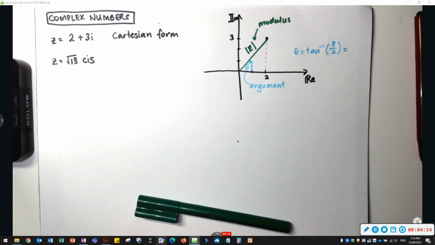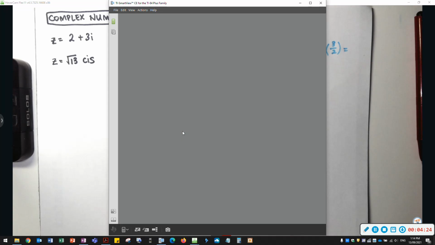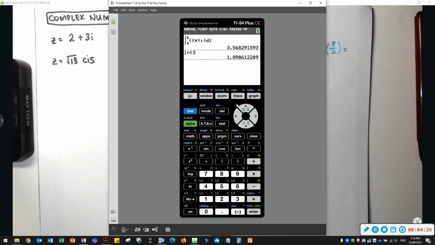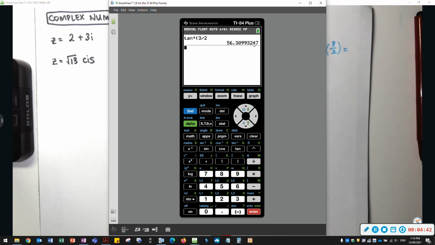So we'll just use our calculator. With angles, eventually you'll have to write it in radians, but just for this example, we can write it in degrees, just so you can understand what it means. So second tan, 3 over 2. It's about 56.3 degrees.